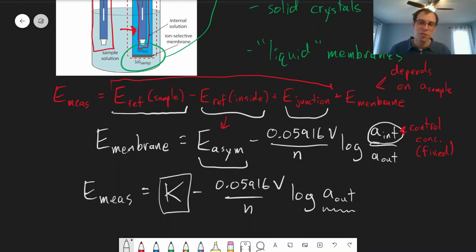But if we fix the concentration or activity of our analyte in the internal solution, then things only depend on the sample solution, on that activity. And so this gives us a way to measure concentrations. Once we do a calibration, we can find out the activity of our solution and use this to measure unknown samples. So this is the basic idea, and we will look at how these membranes function and how they produce this potential in the next few videos.